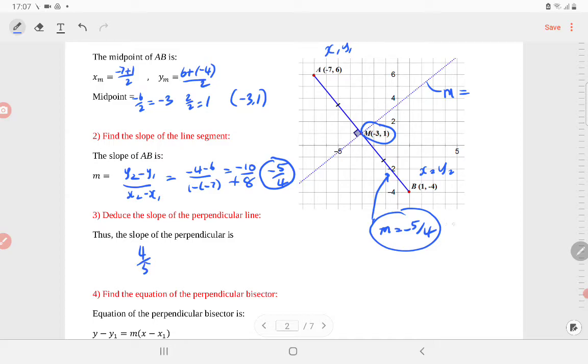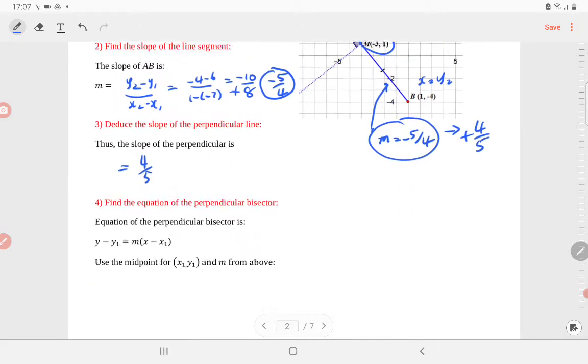So basically, take your slope, flip, and change the sign. That's all you need to do to find the slope of the perpendicular line. And you can check by doing the product. So this is 4/5.